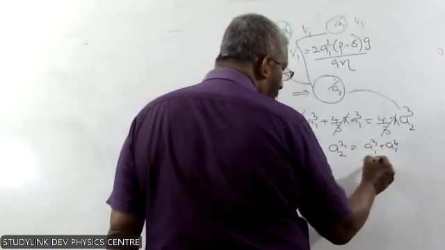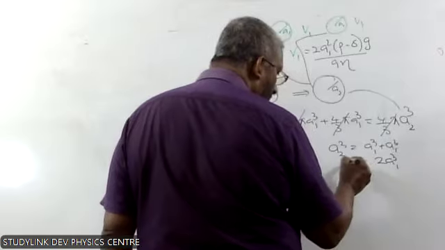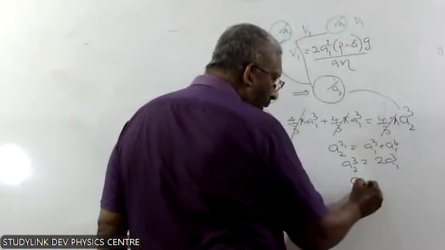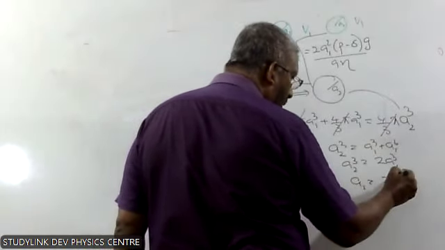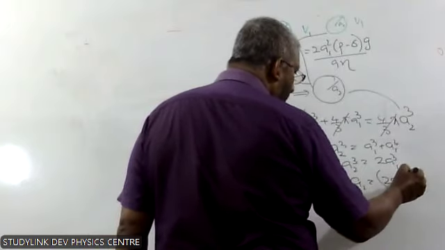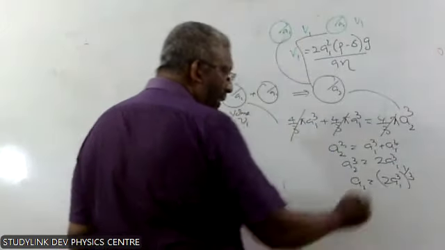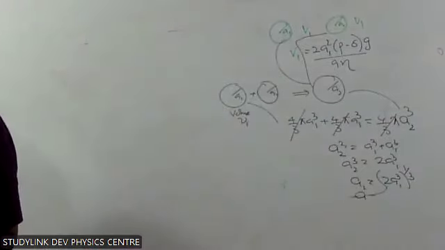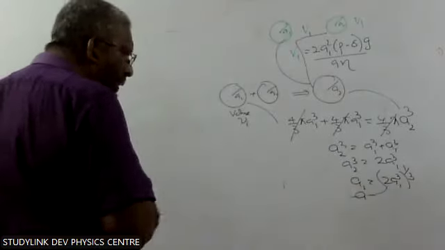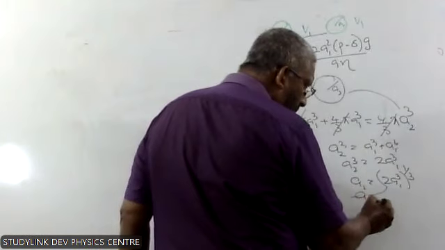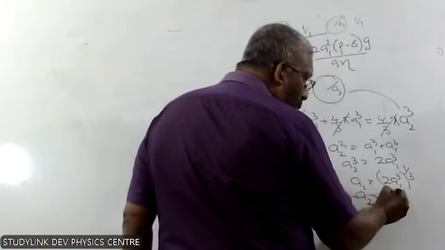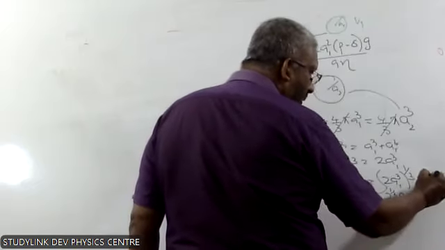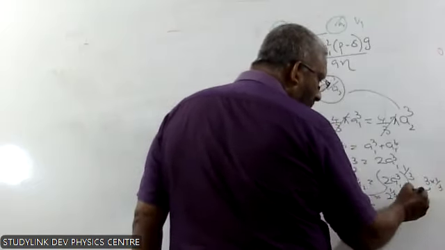That means 2A1 cube is equal to A2 cube. Understood? Then A2 is equal to (2A1 cube) to the power 1/3. So A2 is equal to 2 to the power 1 over 3 times A1, because 3 into 1/3 is 1.